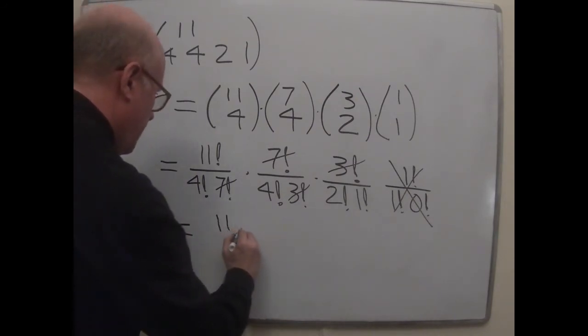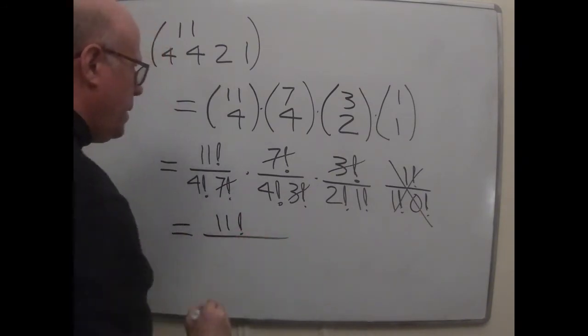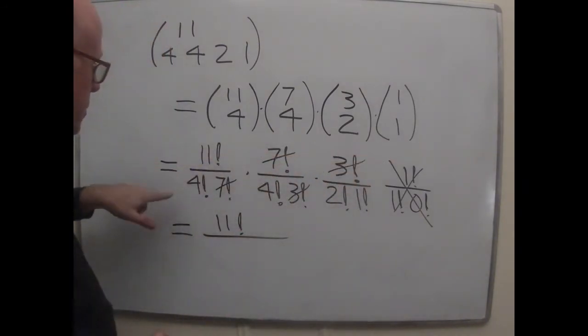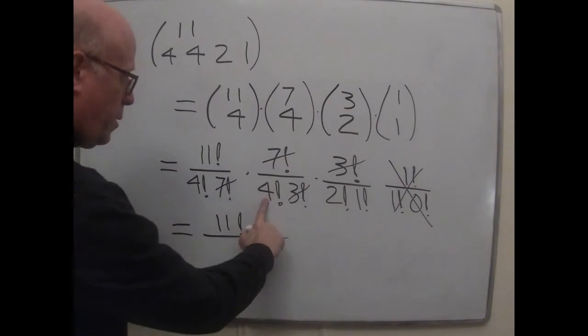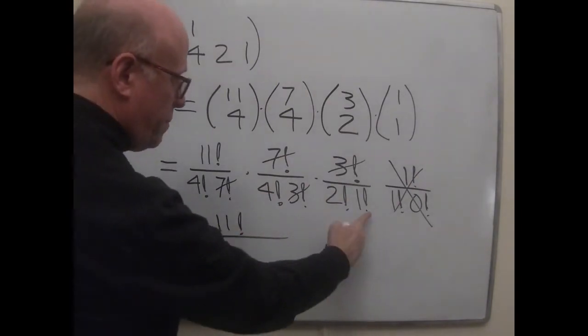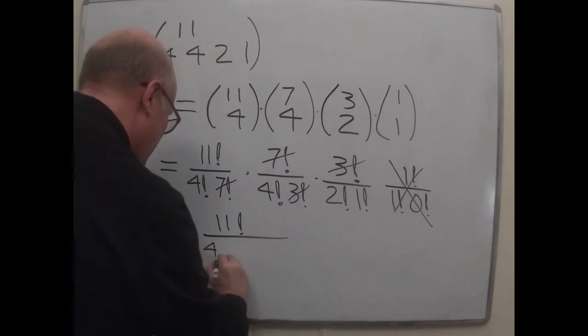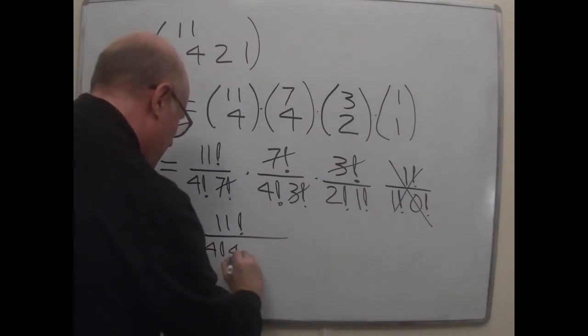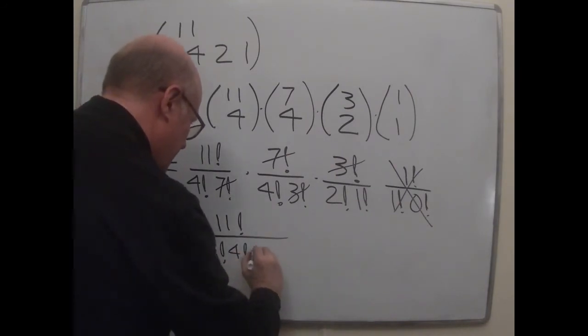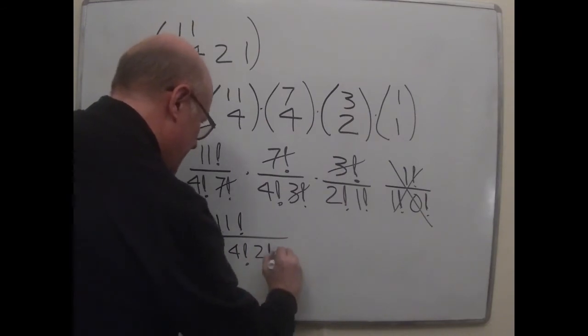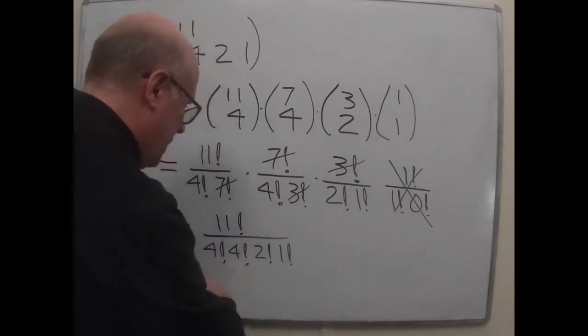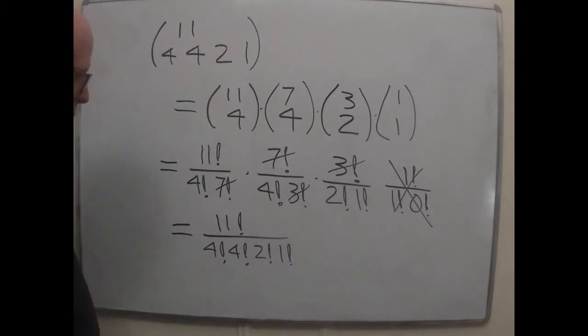We got 11 factorial in the numerator. It's the only thing that survived in the numerator. And then 4 factorial, 2 factorial, and I guess 1 factorial, one of those ones. Don't really need them, do we? We only need them to make the sum of the numbers in the bottom equal to 11, which is a nice check on things.